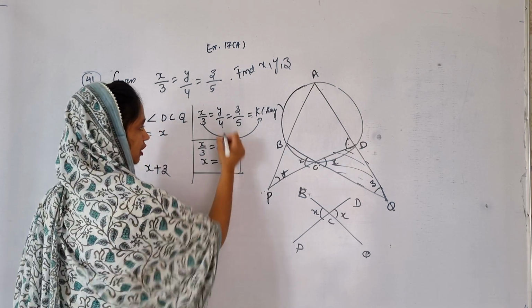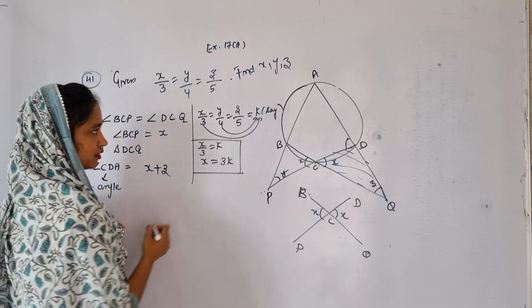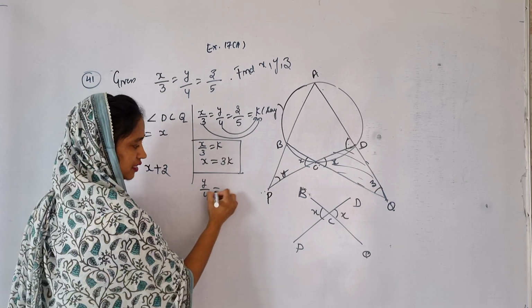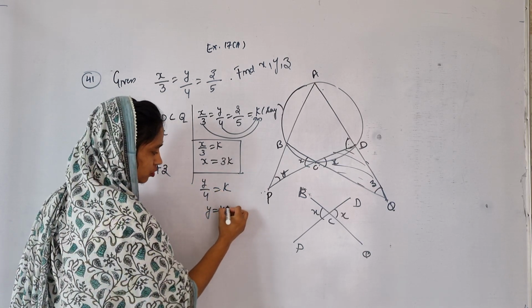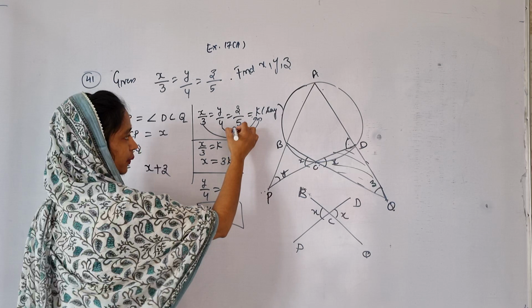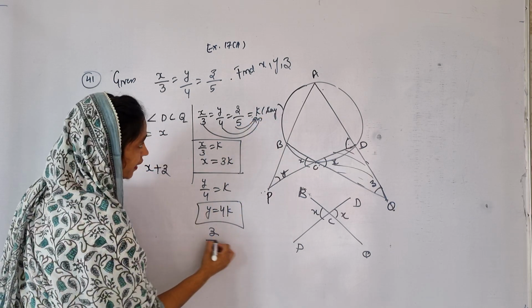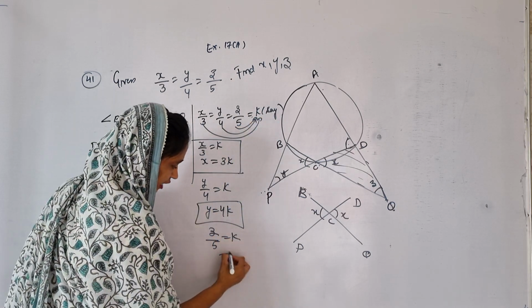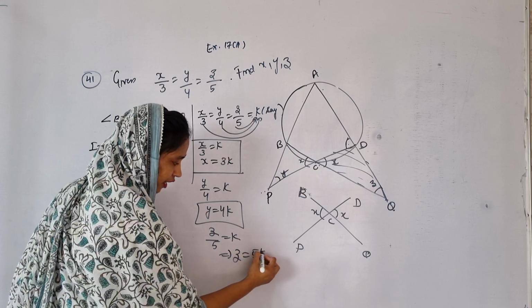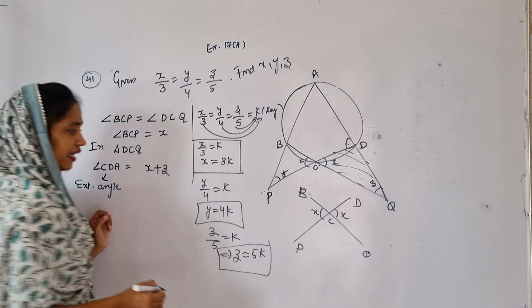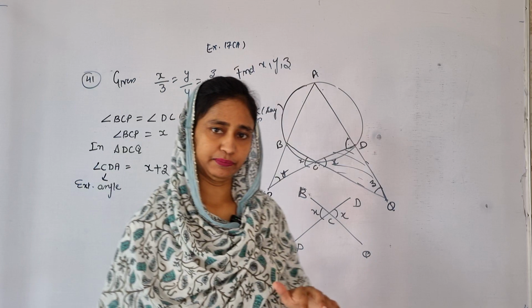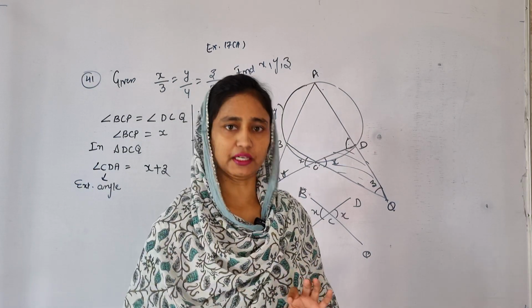Okay, when you will equate y term, second term with this, y by 4 is equal to k means y is equal to 4k. When you will equate third member with this, z by 5 is equal to k, that means z will be equal to 5k. Okay, ये x y z तीनों ही हमने k की फॉर्म में निकाले हैं.